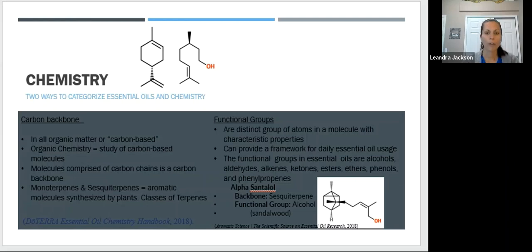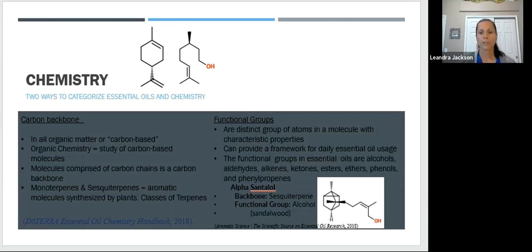Getting into the functional groups, they are distinct groups of atoms in a molecule with characteristic properties, such as the alcohol property coming off of that different molecule. They can provide a framework for daily essential oil usage, so these different functional groups can categorize into different usage properties.